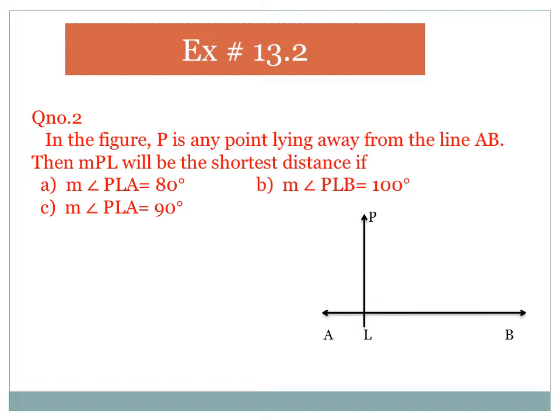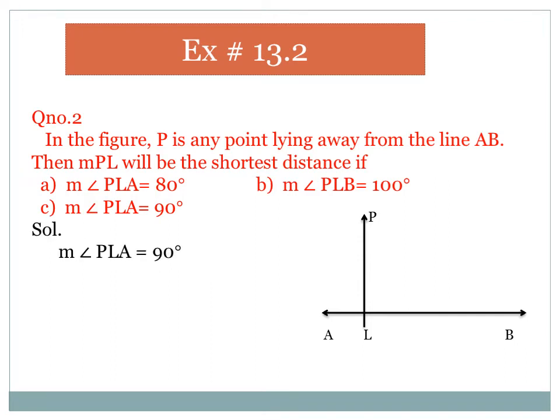As you can see, the given line AB and P is a point which lies outside the given line, and P meets the line AB at point L. So we can say that PL is perpendicular to AB.